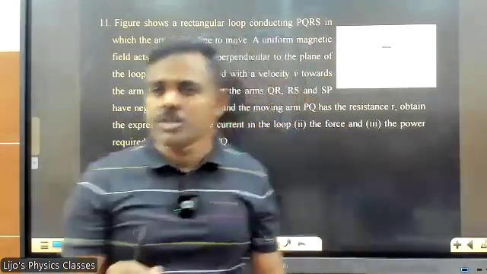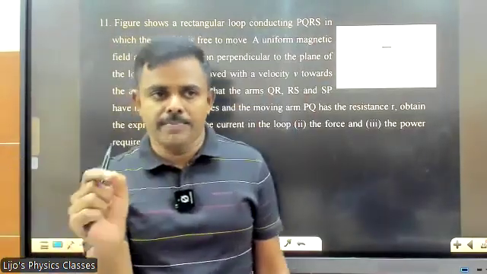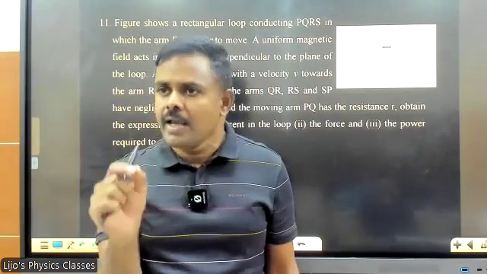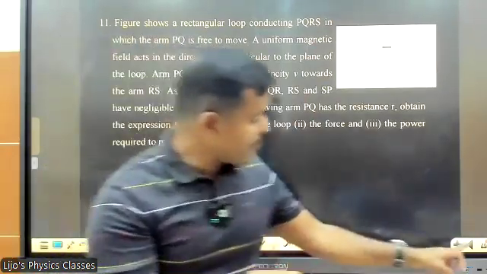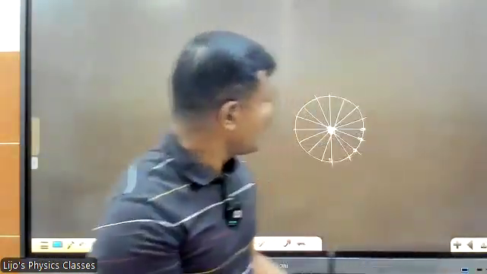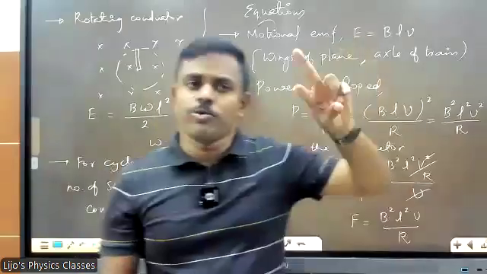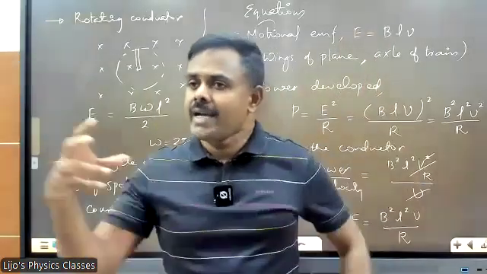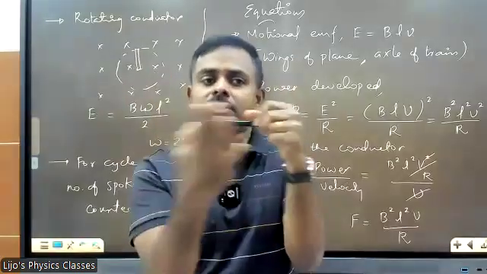This is called motional EMF, and motional EMF is given by BLV. B is the magnetic field strength, L is the length of the conductor, V is the velocity. Two questions can come from that. One is the axle of the train question. Remember, axle length is actually the length of the conductor.